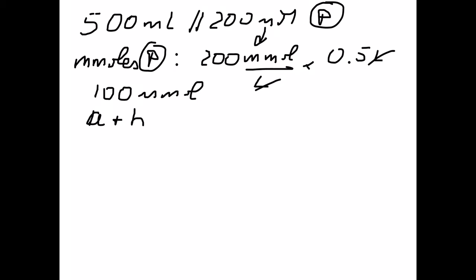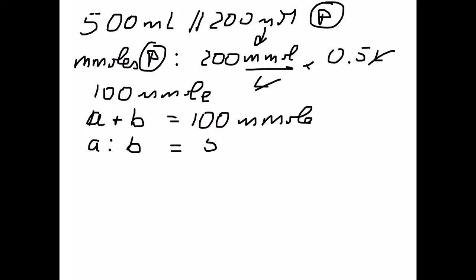So I know that A plus B, acid plus base, equals 100 millimole. And I know that A over B, or the ratio, equals 5. So I have two equations and I can solve this. For A, I can say A equals 5 times B. Put that into this equation here.